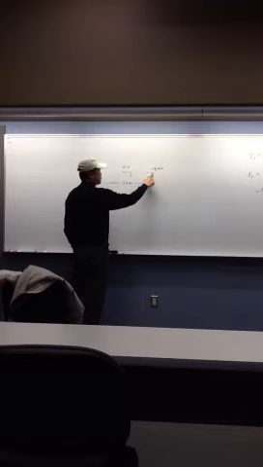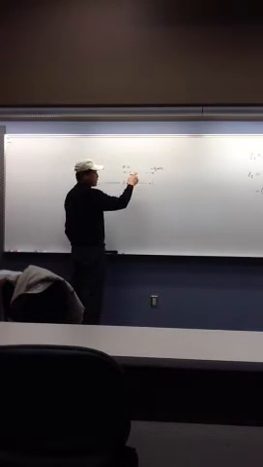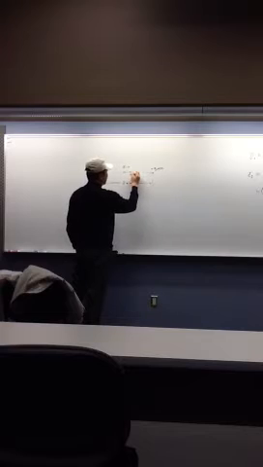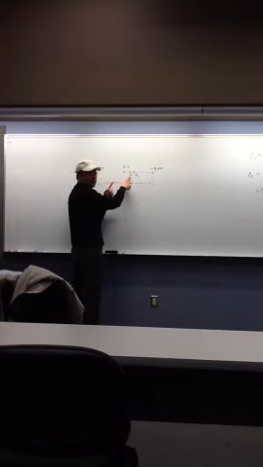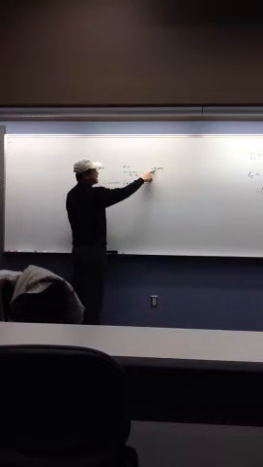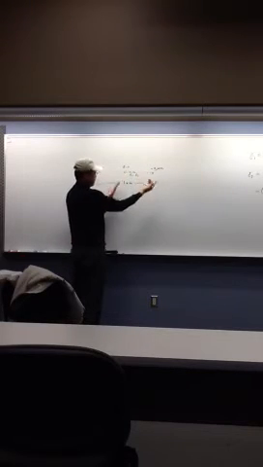This charge generates a field at this location, in which direction? To the right. You put a positive test charge, they attract each other. Therefore, you have another field, E2. Why did I draw E2 longer than E1? It's stronger, because this charge is larger, at the same distance.